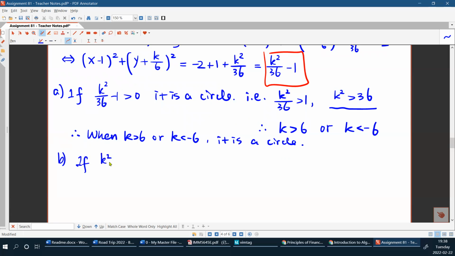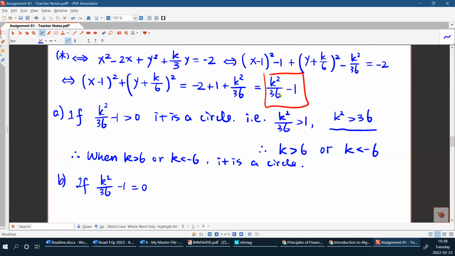And second, if k squared over 36 minus 1 equals 0, that means the right side is 0, right? If the right side is 0, apparently this is a point, right? It is a point, which means k squared over 36 equals 1.